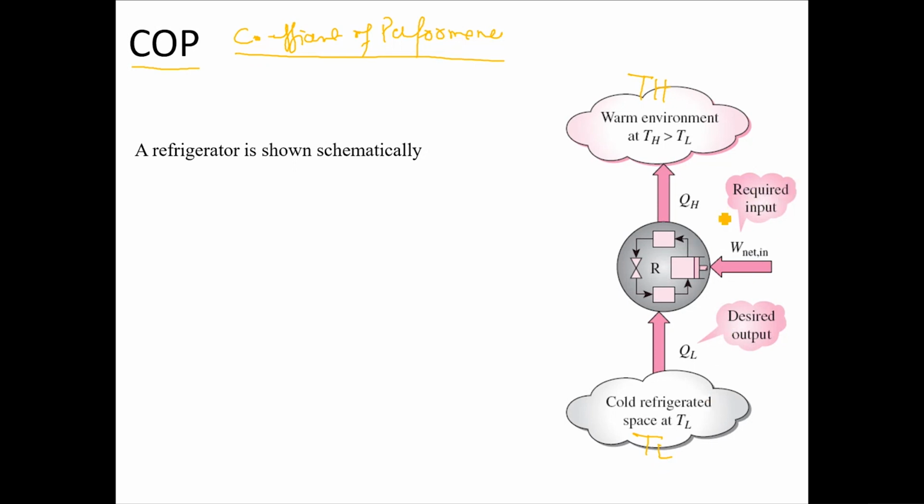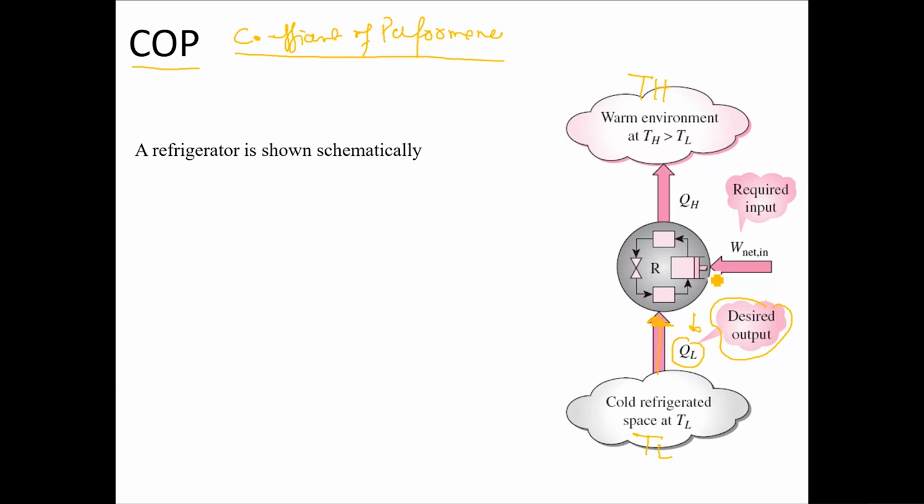What is required out of a refrigerator? What do you want out of a refrigerator? You want it to cool down the refrigerated space. So your desired output is coolness, or extracting QL out of the refrigerated space, taking out the heat from the refrigerator. This is your desired output.